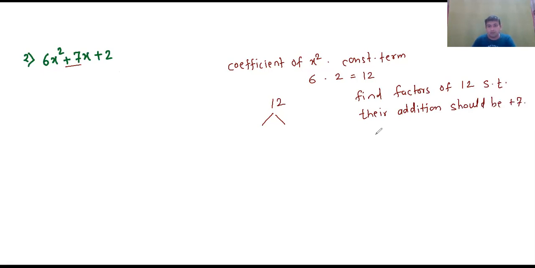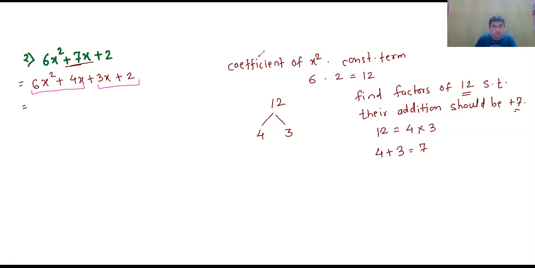So can you tell the two factors of 12? That means multiplication should be 12, addition should be plus 7. So 12 is 4 into 3, and 4 plus 3 is 7. So the factors are 4 and 3, right? So how can I write 7x? See here, this will be 6x square, and 7x as 4x plus 3x, plus 2. Now I have to take common from these two terms.